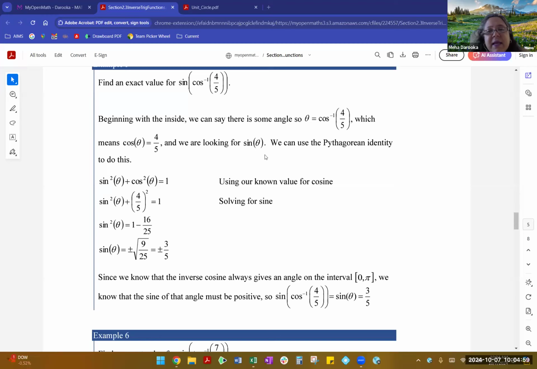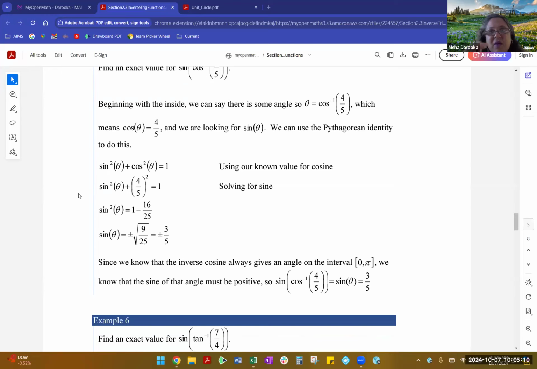So where do we find the sine function, which will help us solve this one? We're going back to the Pythagorean identity that we saw, in section 1.2 or so, where sine squared plus cosine squared is equal to 1.